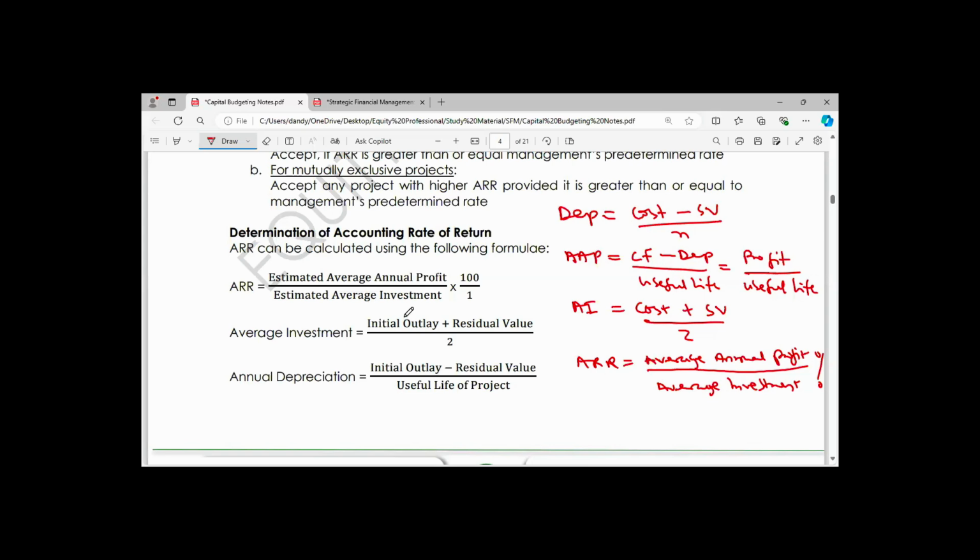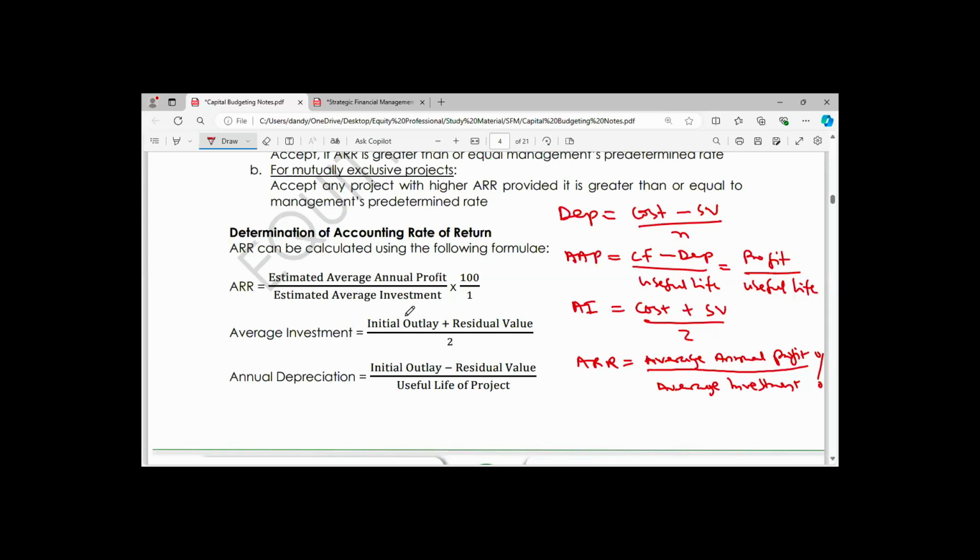Then what is the decision rule under accounting rate of return? For independent projects, accept if the calculated accounting rate of return is greater than or equal to the management predetermined accounting rate of return.